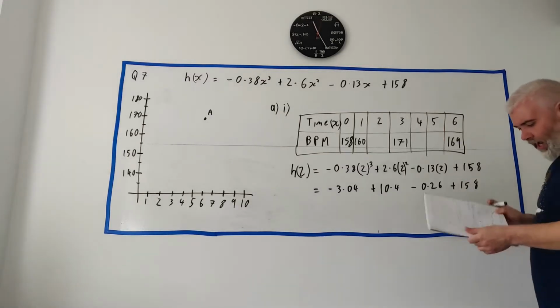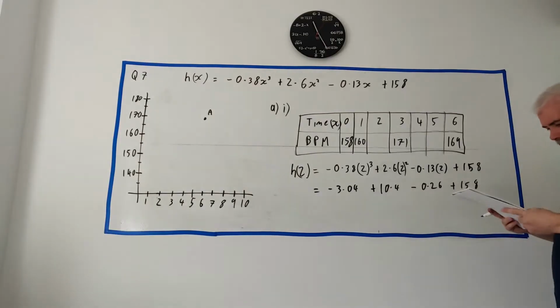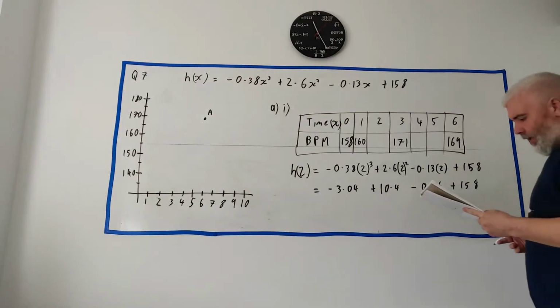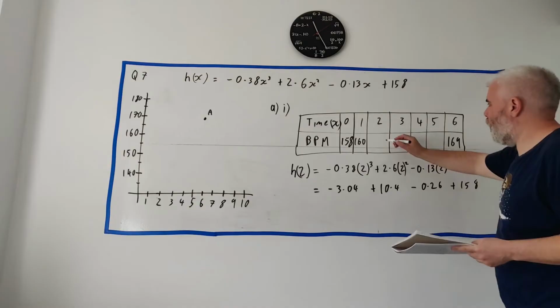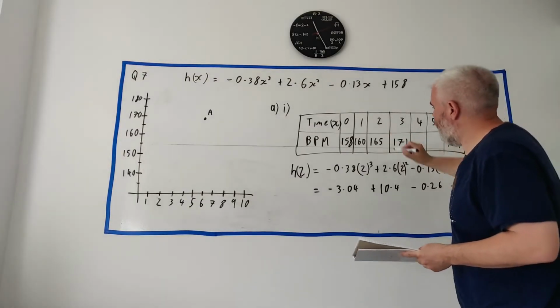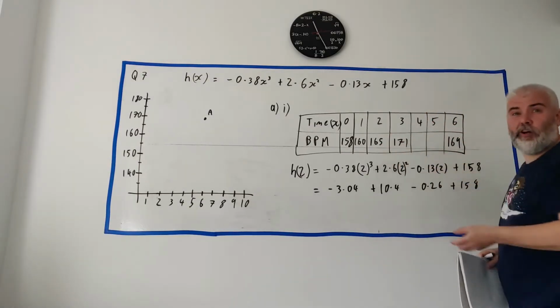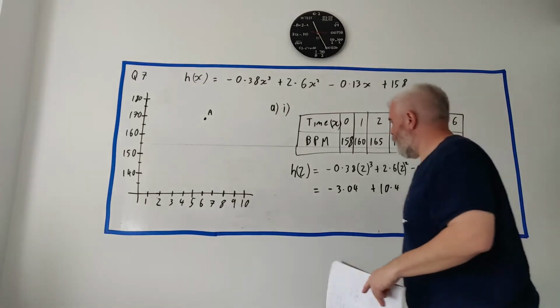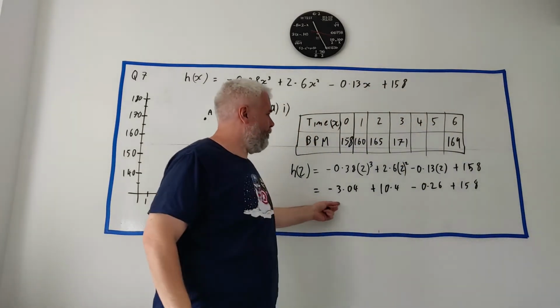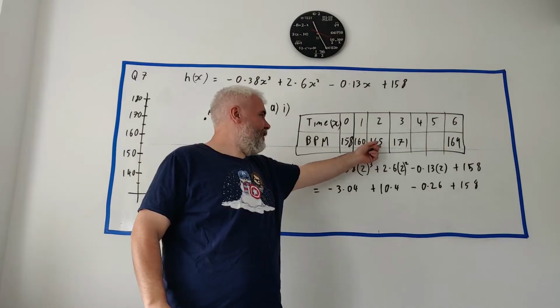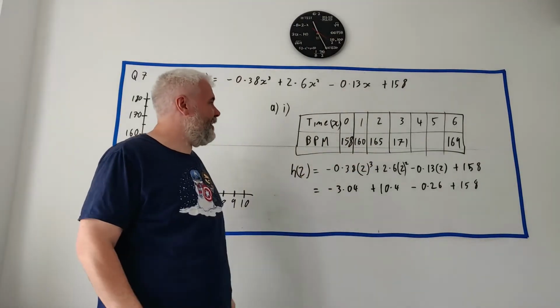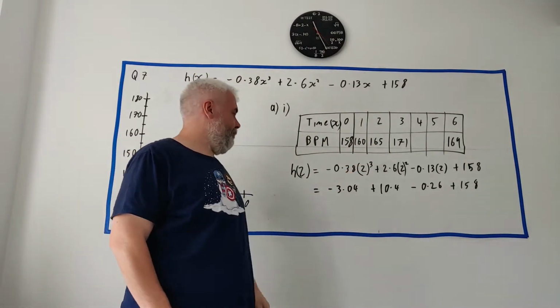If we add all that together, we get a number close to 165. And they tell us to round off to the nearest whole number. So the answer to this was probably 165.2 or something like that, and we rounded it off to the nearest number.